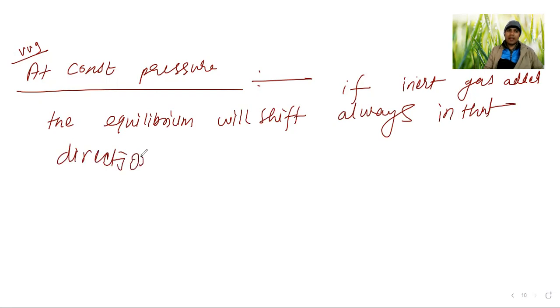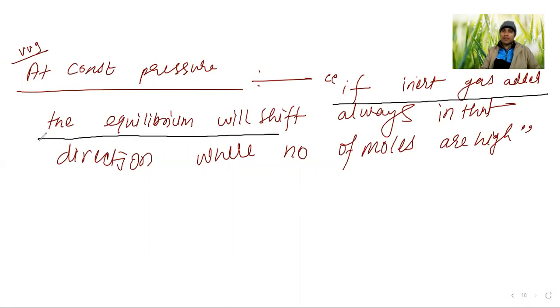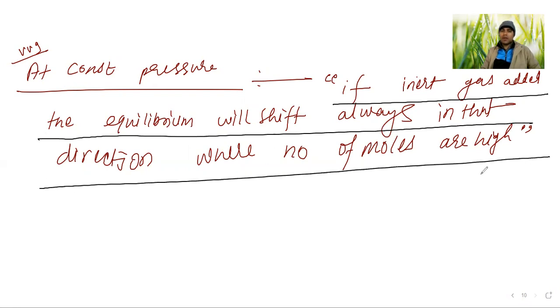You need to memorize this one. If inert gas is added, the equilibrium will shift always in that direction where the number of moles is high. This is the point which we need to keep in mind.